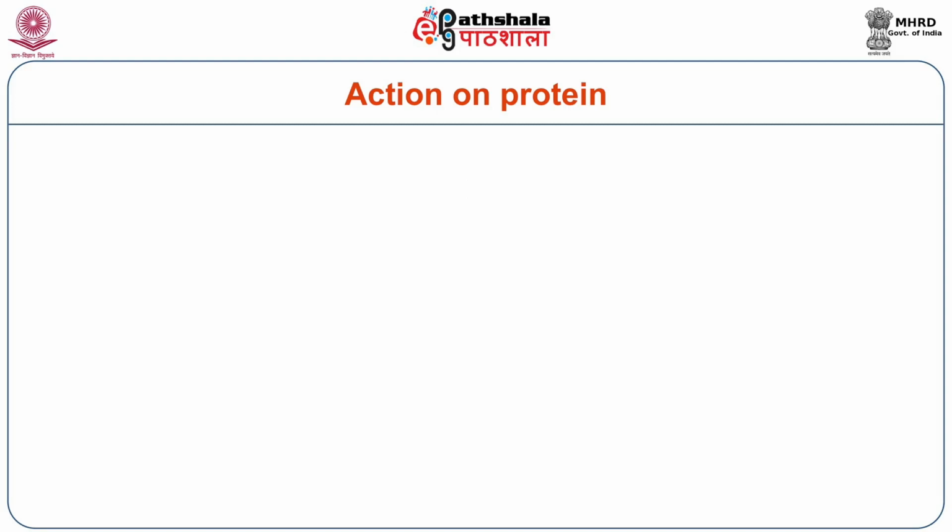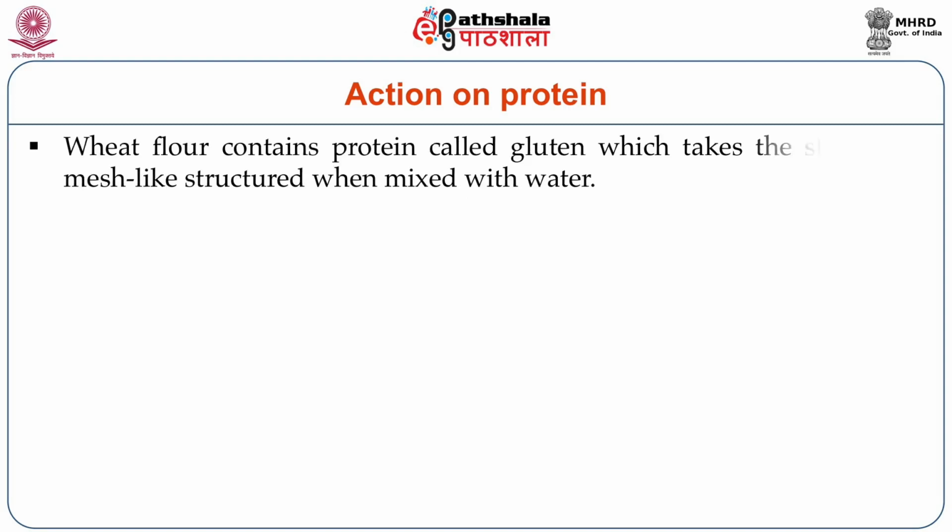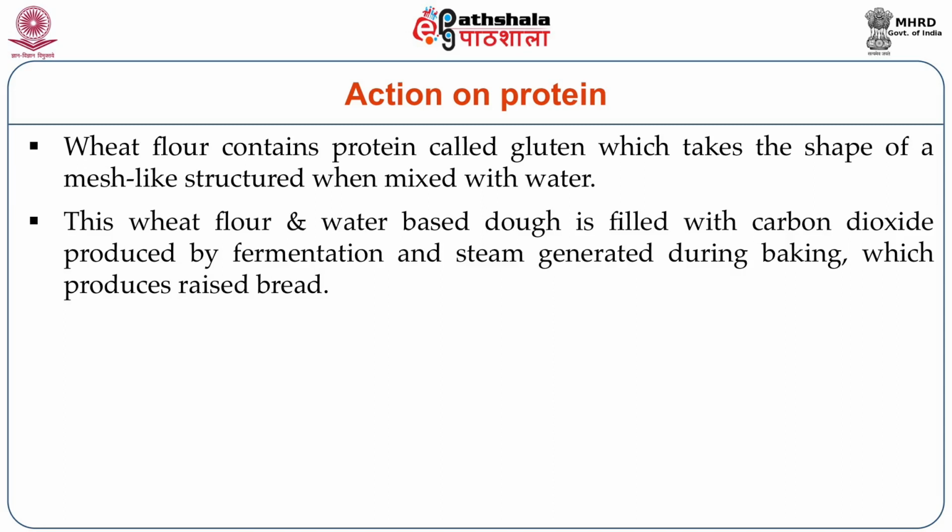The emulsifying agents also have a specific action on proteins, which is again a very important function. Wheat flour contains a protein called gluten, which takes the shape of a mesh-like structure when mixed with water. Wheat-based dough is filled with carbon dioxide produced by fermentation and steam generated during the baking process, which produces the loaf volume in the bread.